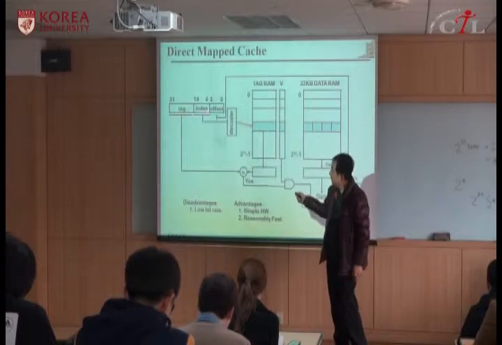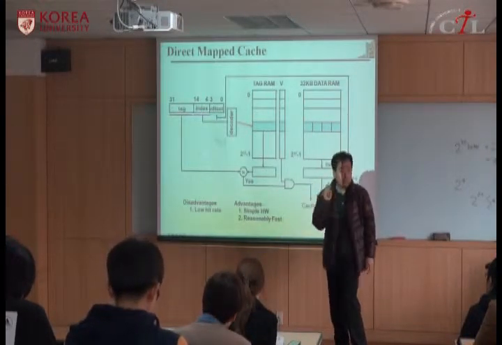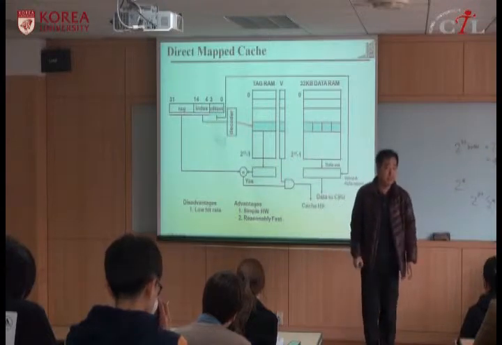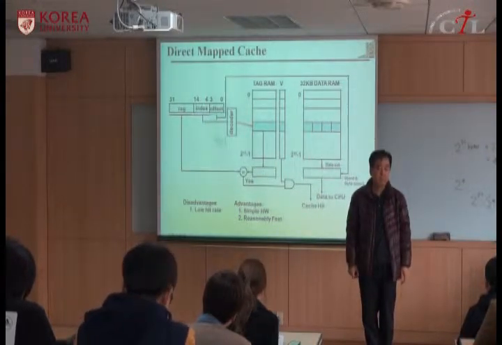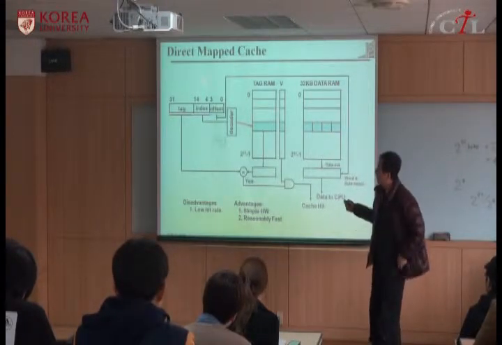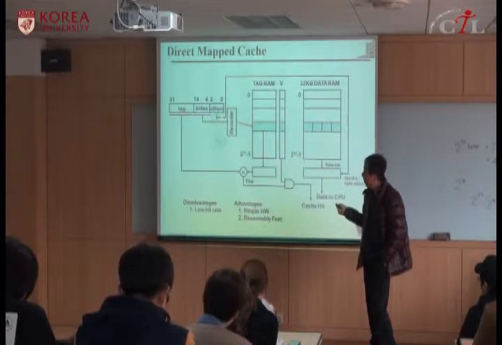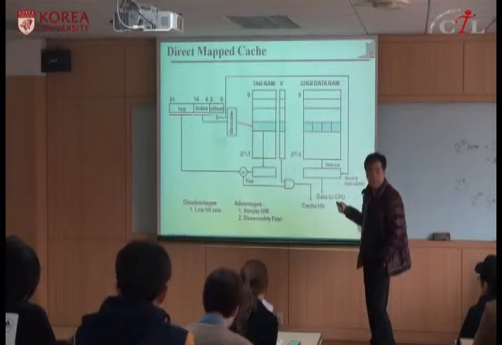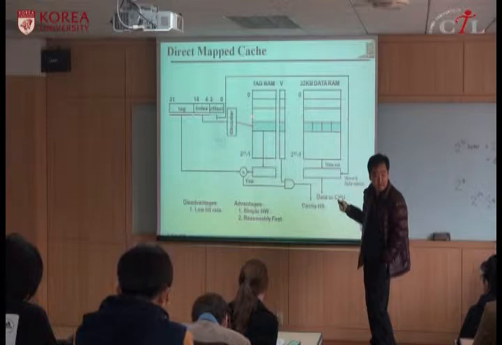So the next 11 bits tell you which cache block you have to look up, because there is only one location it can be placed in. So from the memory address, you extract these 11 bits, go through the decoder, and you identify the block that you need to look up.